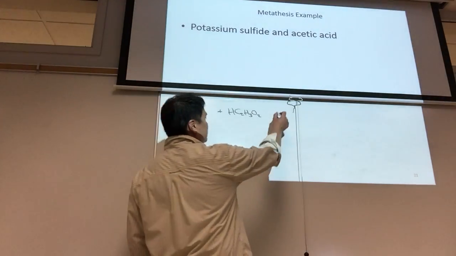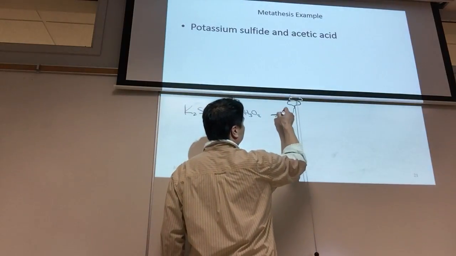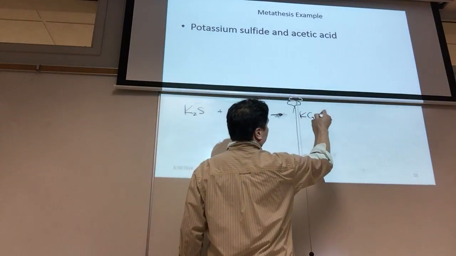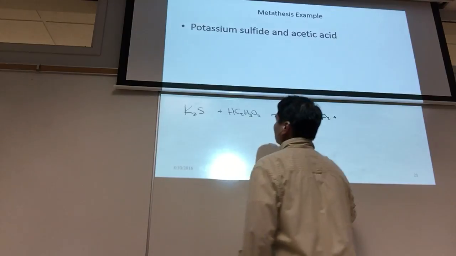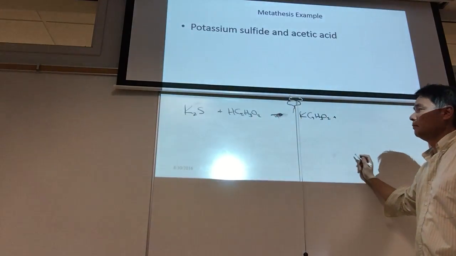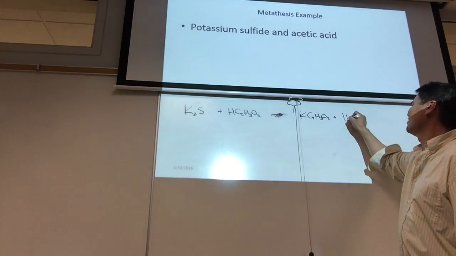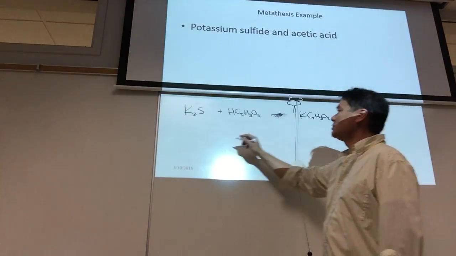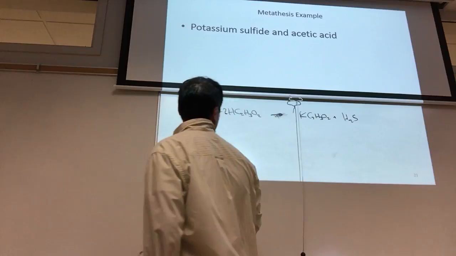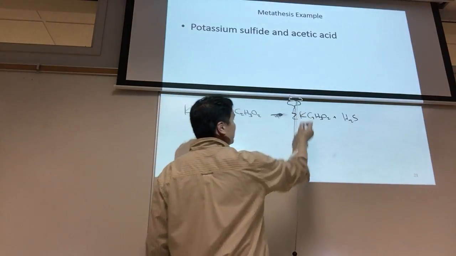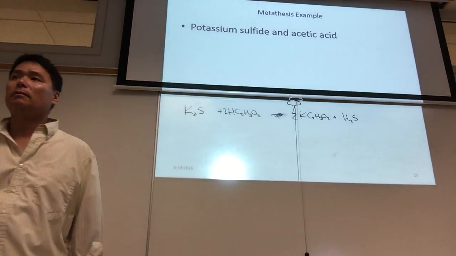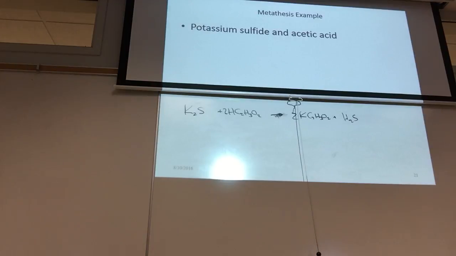Yeah, potassium acetate, okay. And HS minus or H2S? H2S, because we just take it all the way, and then we'll just balance it. We'll need 2 acetic acids to do this. We'll need 2 potassium acetates here.